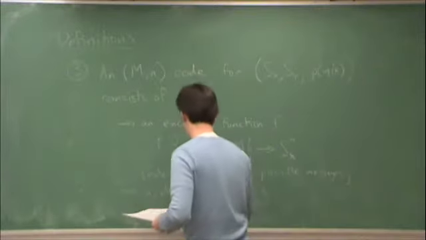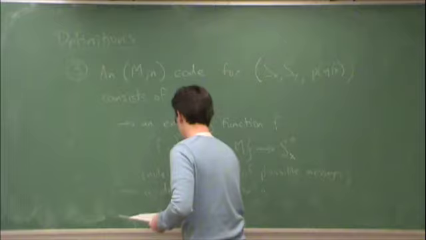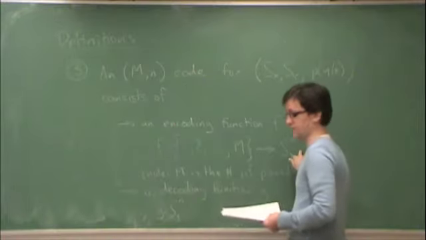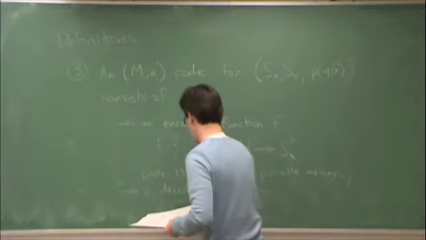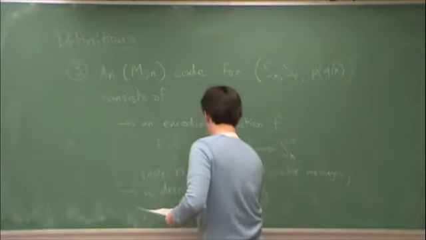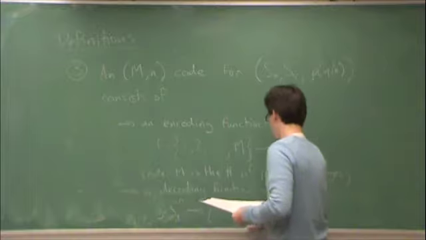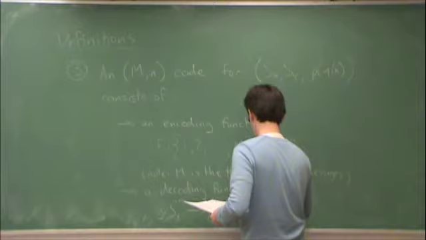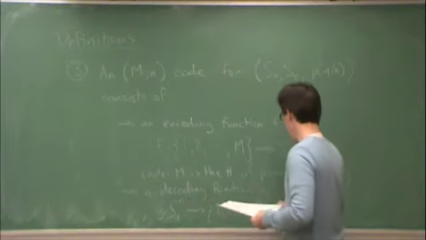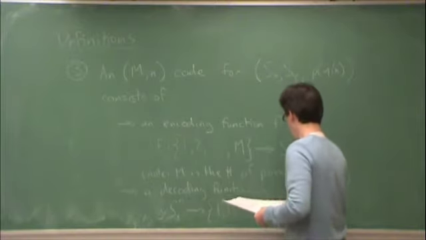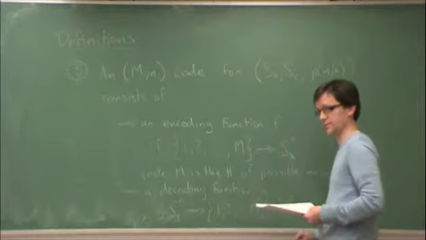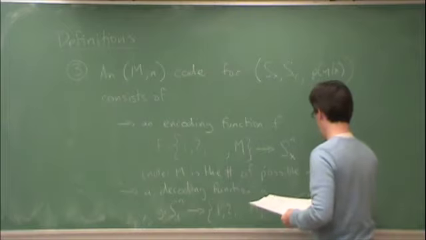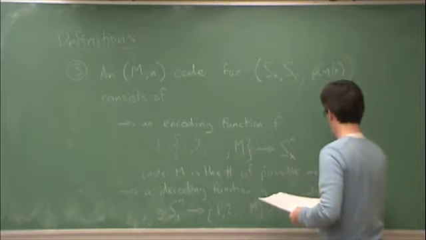So G is a mapping from n-fold vectors of Sy, in other words, the channel outputs corresponding to these channel inputs, to the message alphabet 1, 2, and so on up to M, union with a special symbol I'm going to call 0, where 0 represents decoding failure.